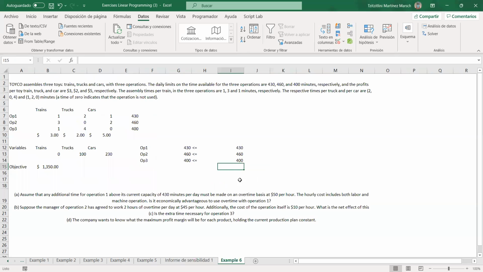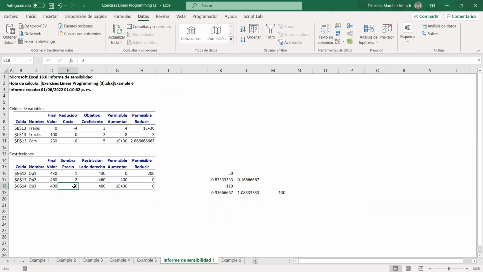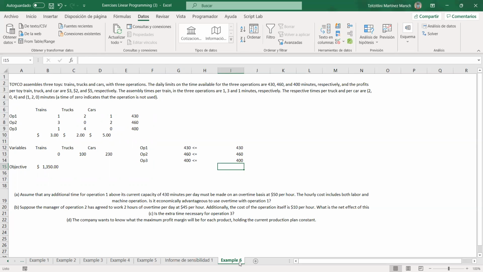Because if you can see here, I'm not using all of the time. Since I have time left over, it's not giving me anything at all, which is 0. If my shadow price is 0, then there's no advantage for me to use it.